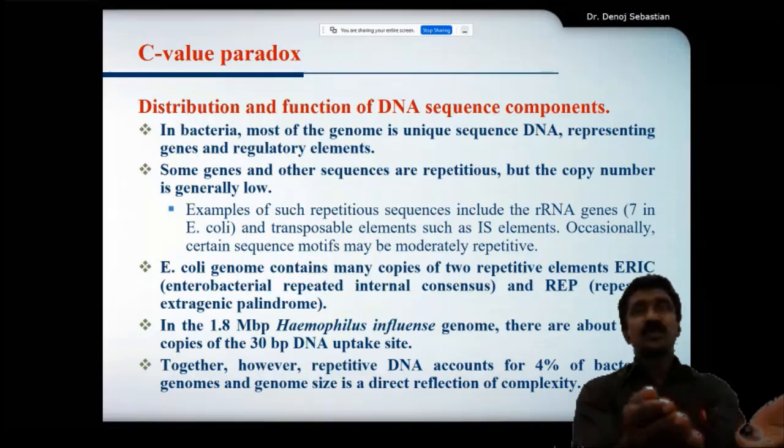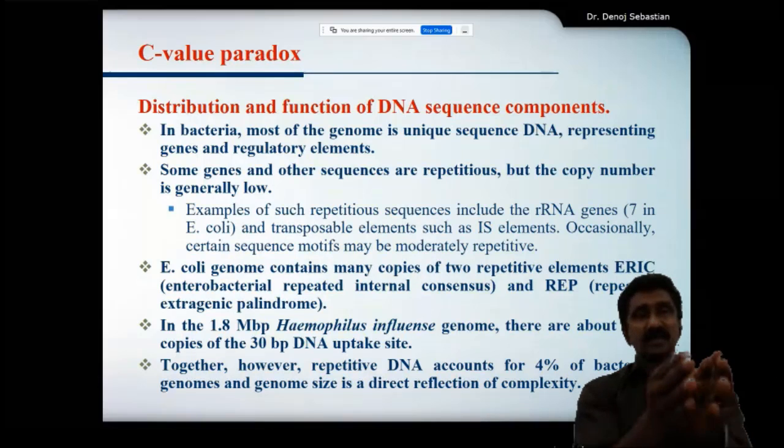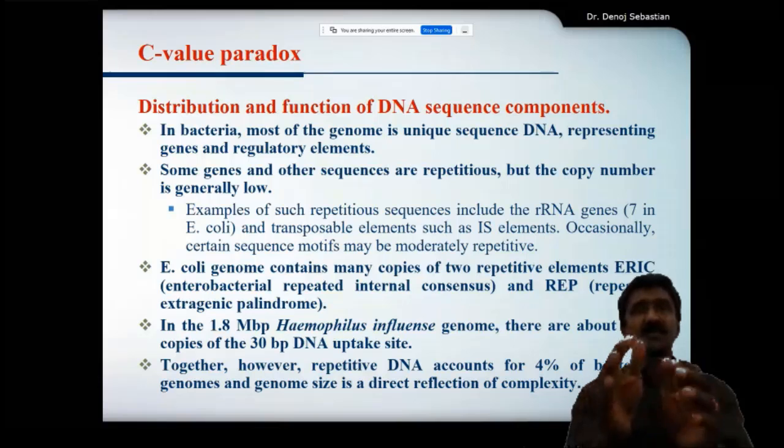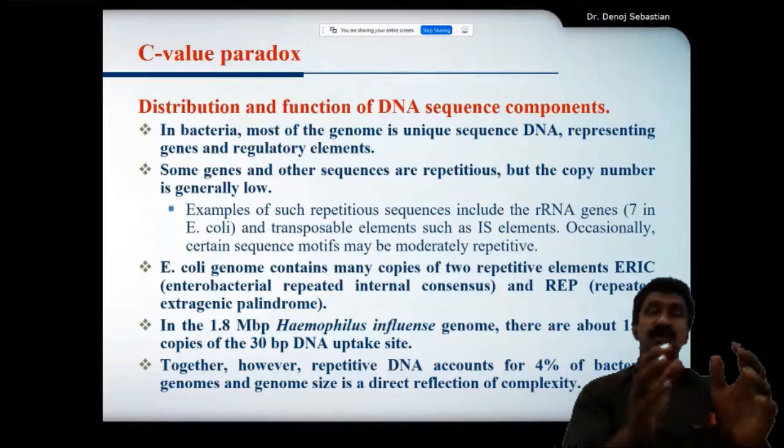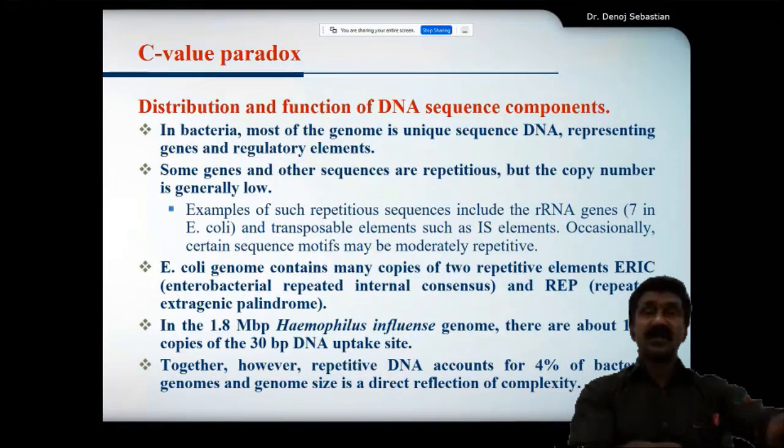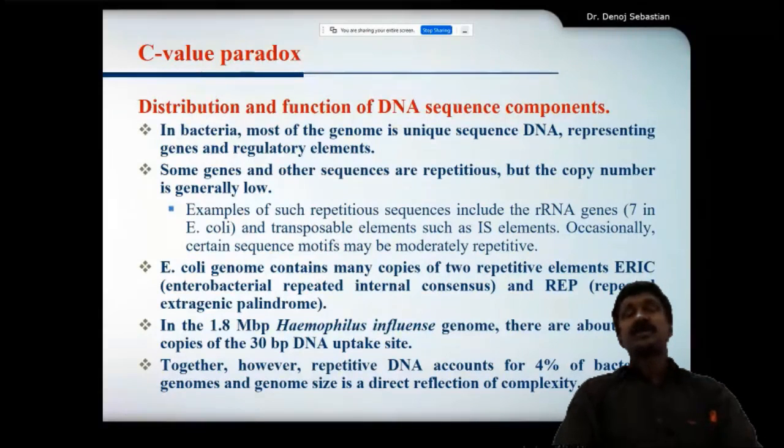So it won't cause any paradoxical effect, because genome size is almost proportional to the complexity of the organism. Whereas in other organisms, the genome complexity doesn't have any relationship with the size of the genome because of such repeated sequences.